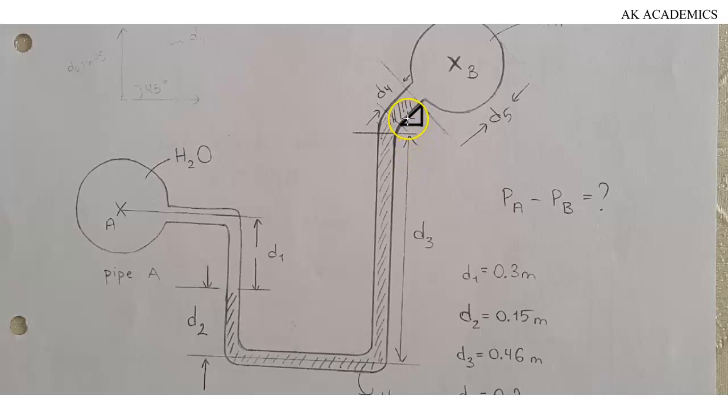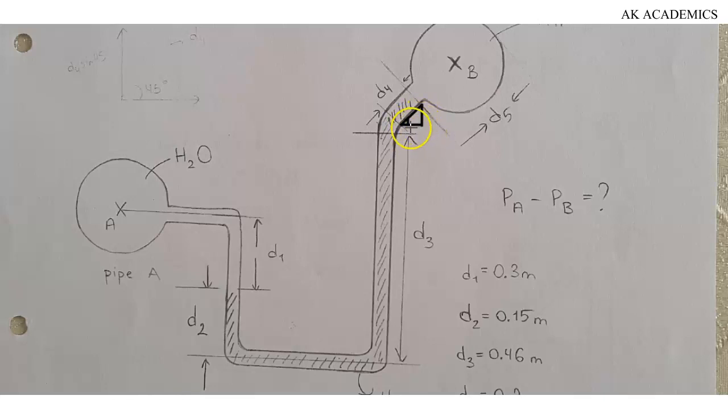We have our angle here, and this angle is going to be 45 degrees, by the way, because it's a right angle triangle. We know the hypotenuse is going to be D4. This height is the height that we actually need to use for our calculation of pressure. But we don't know it. Since we know D4 and we know this angle, we can find this height.